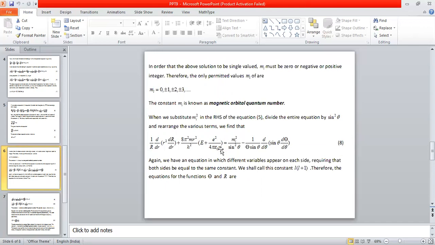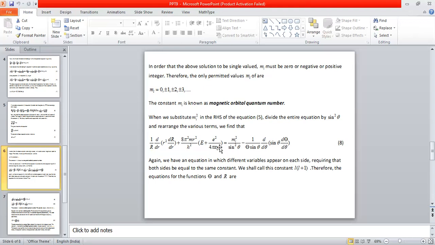That means in equation 8, the two terms on the left side are functions of only the coordinate small r, and the right side is a function of only the coordinate small theta. So again we have separated the two equations here. The left side is a pure function of r, and the right side is a pure function of theta.